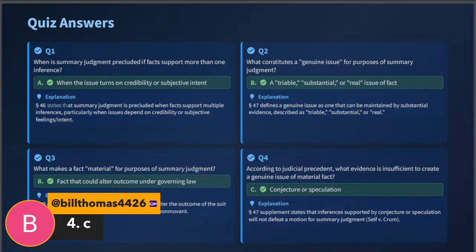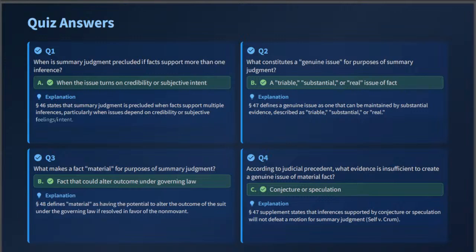Like we saw in section 46, summary judgment is precluded when facts support multiple inferences, particularly when issues depend on credibility or subjective feelings or intent, which of course is for the jury. So it precludes summary judgment. I think Bill got that one correct. I gave the C off of here.